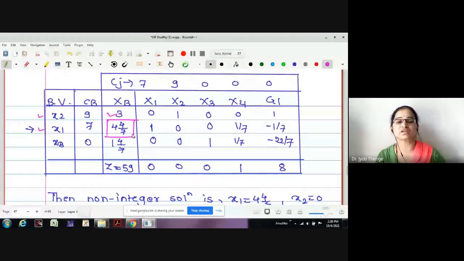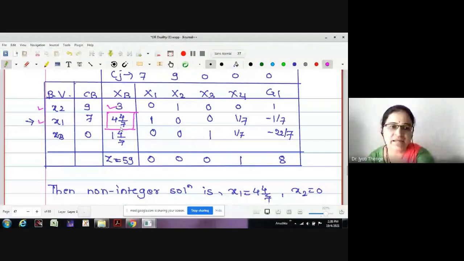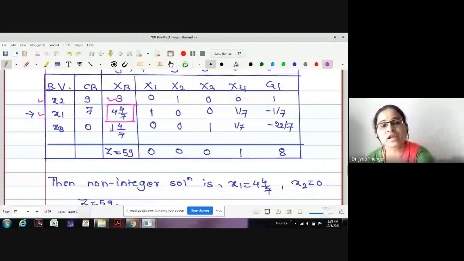Because though this x3 variable is having a non-integer value, we are not interested in x3. We want the original variables to be integer value only. That's why no need to select a maximum. We can select directly. Now x1 we want to convert. X1 remains only. So let us select x1 equation, that is the second row.